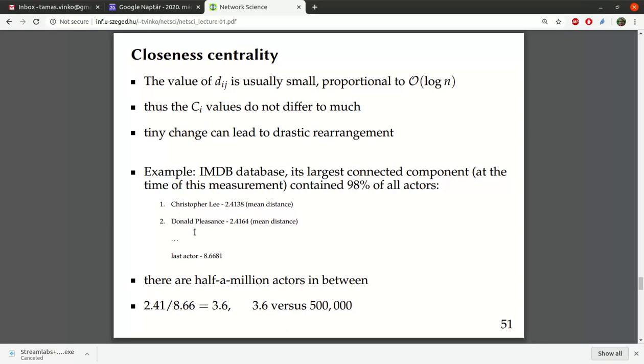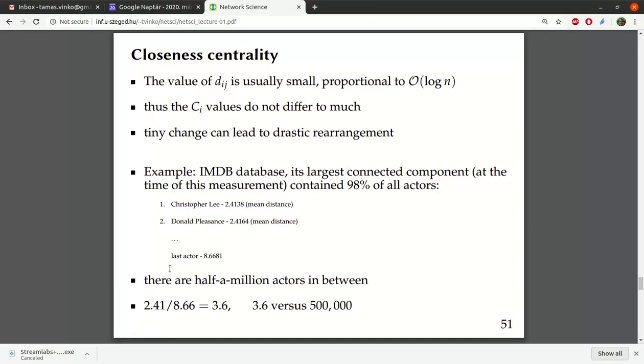basically nearly 500,000 actors. The top actor with respect to closeness centrality is Christopher Lee, a very famous actor actually, having 2.4138 as mean distance. And the second actor is different just in the last two digits. Then there are 500,000 actors, and the last actor, according to this ranking, has 8.6681.